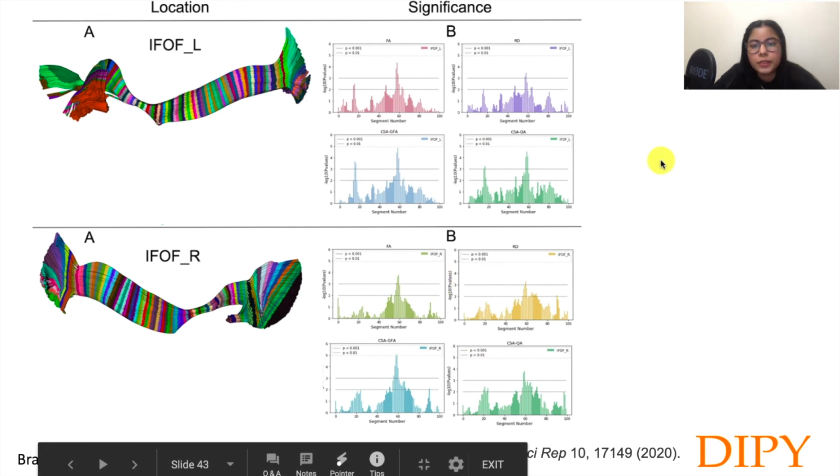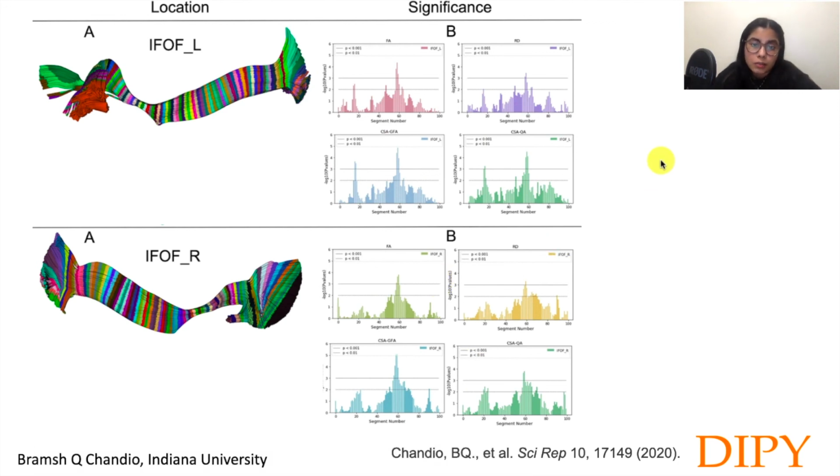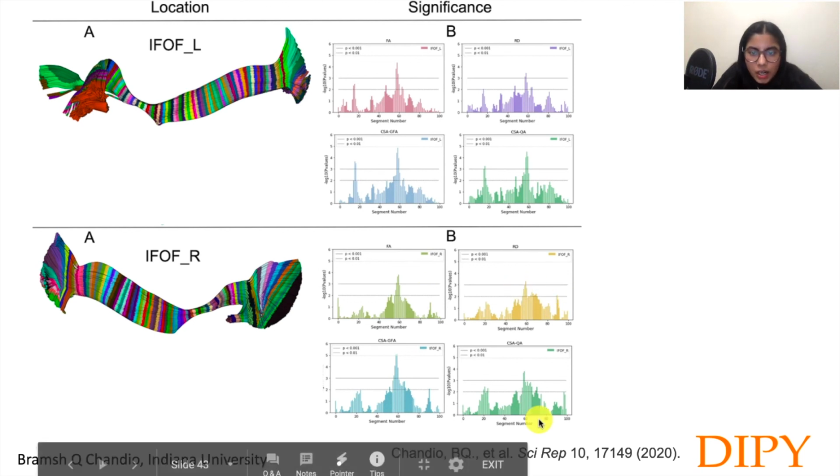And then we get the outputs here as shown. We are showing for 4 DTI measures, FA, RD, and then we also have CSA GFA, generalized fractional anisotropy, and CSA QA. And in this we see for the left FOF, around 60, there are some group differences for FA and also for MD and also for GFA and QA. And in case of right FOF, we have a kind of similar trend, but maybe not so much for RD and QA.